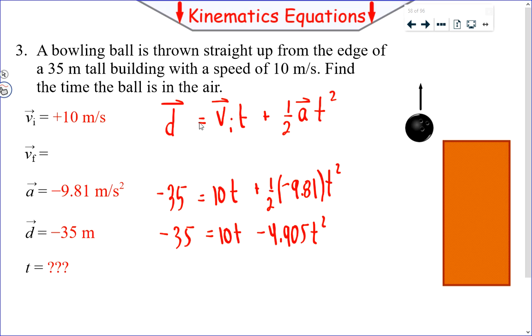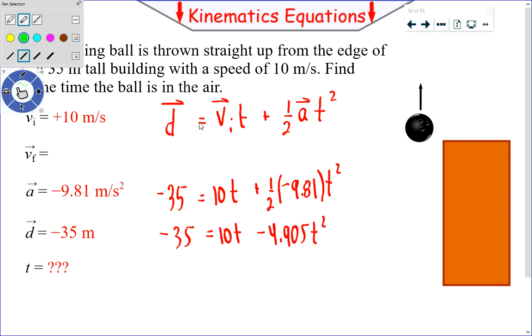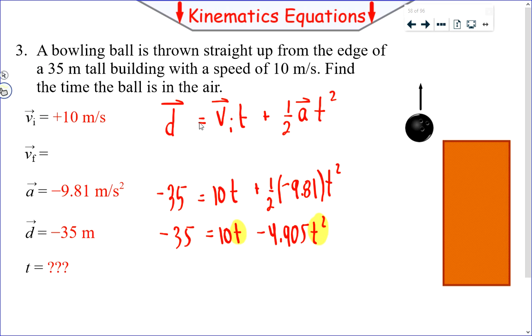Well, the fact of the matter is, with the exception of, I believe, one student in the Physics 20 class this semester, none of you know how to solve this equation because there's a t and a t squared in it. And this is something which we call a quadratic equation. And if you take Math 20-1 or even 20-2, you will learn how to solve this equation. But right now, solving this equation for t is outside of your grasp.